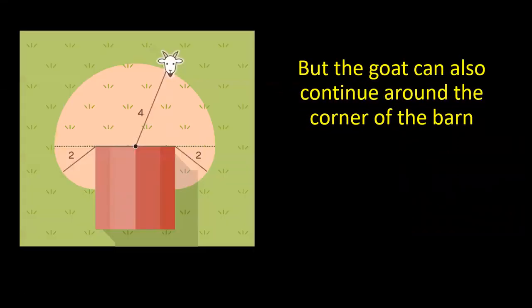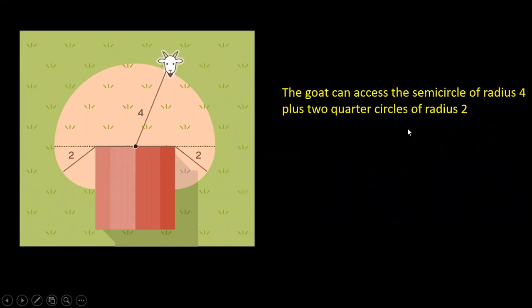But the goat can also continue around the corner of the barn. The goat can access the semicircle of radius 4 plus 2 quarter circles of radius 2.